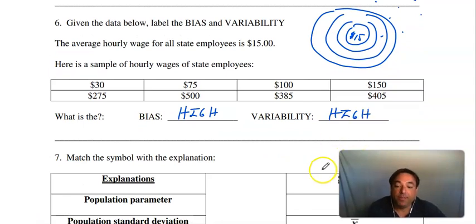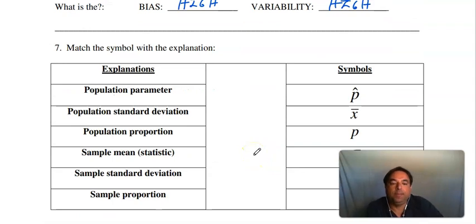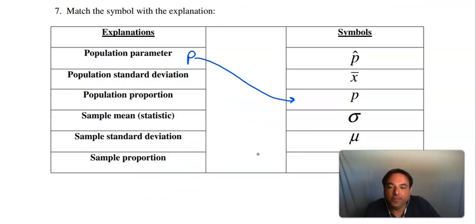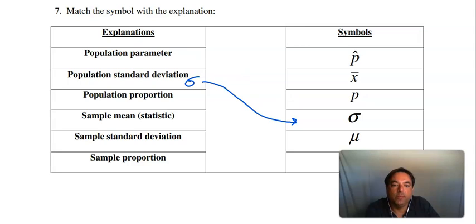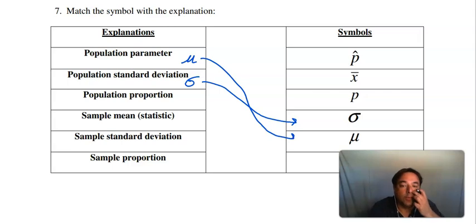Okay? Now, as far as the matching, the population parameter would be mu, because we're not talking about a proportion.